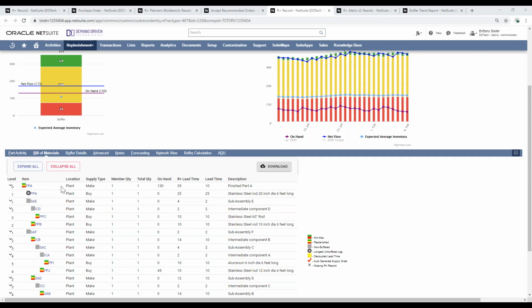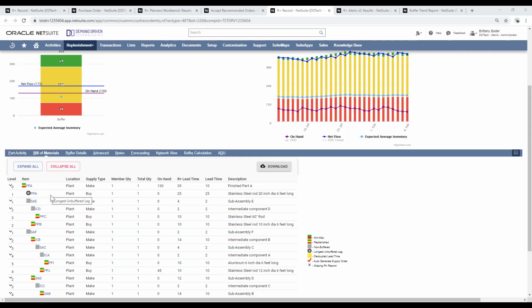When I'm looking at this bill of material, anywhere where I have the 3 zones, those buffers applied to it, that's where I can expect my constant material availability. So anytime I want to make FPA, I know that these are already available. These items that have the gray boxes next to them, these are my buy to order, make to order parts. And then I can see here that PPA has the gray around it, but also has that black circle.